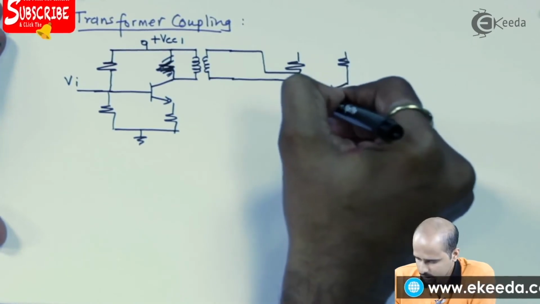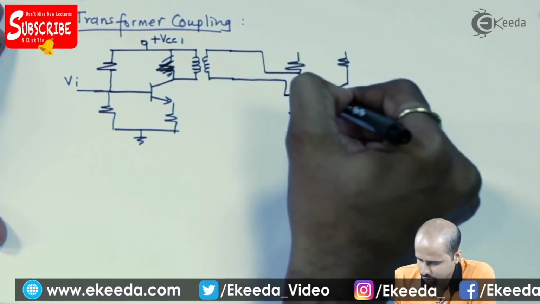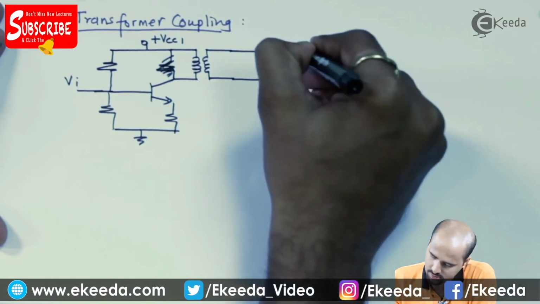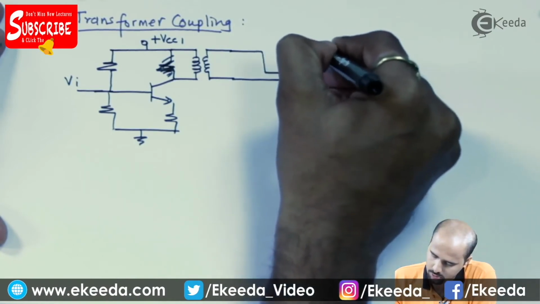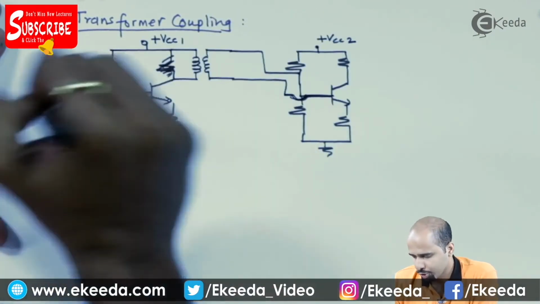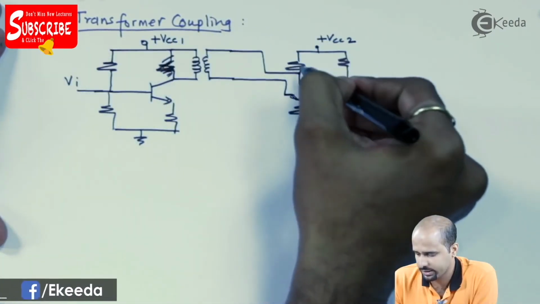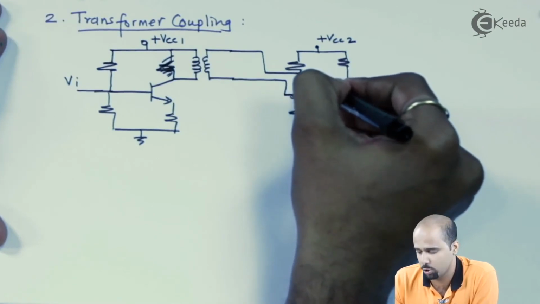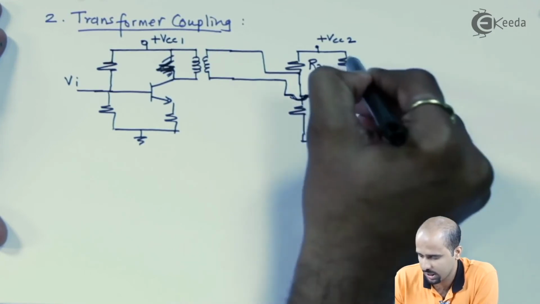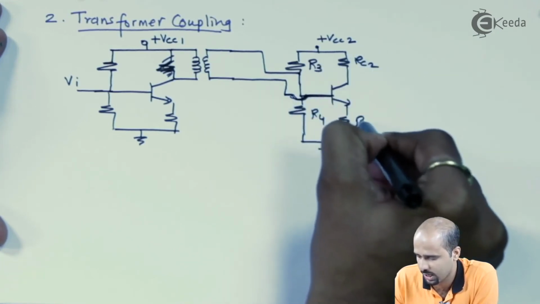This transformer is connected to the input, that is base, right? And through this resistance, I will be getting the voltage, that is plus VCC2, right? So the transformer's secondary is connected to the junction of R3 and R4. This is R3, this is R4, this is RC2, this is RE2.